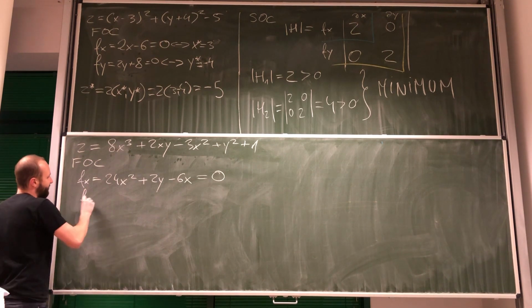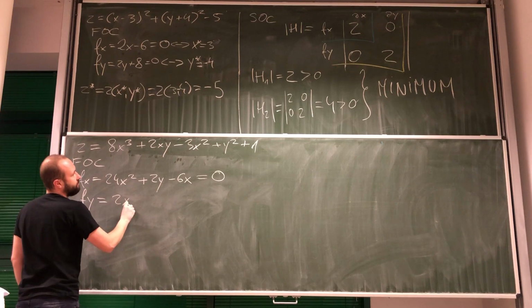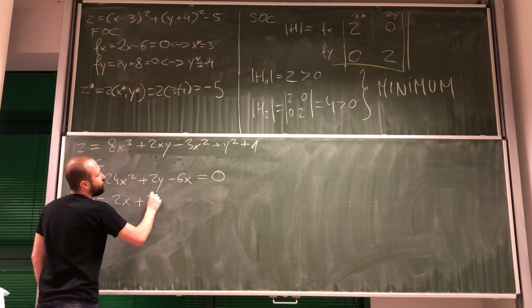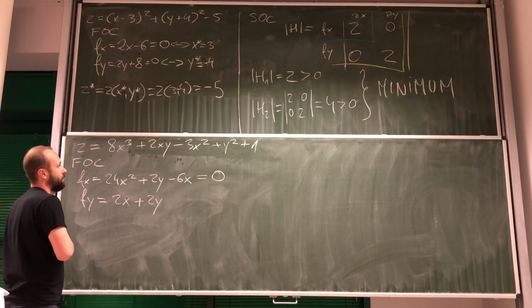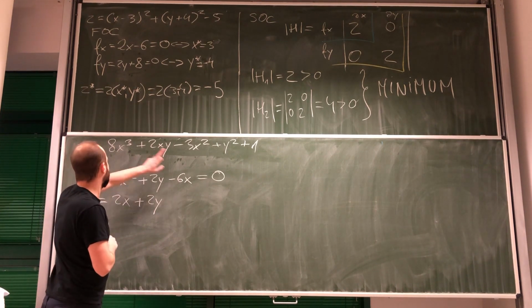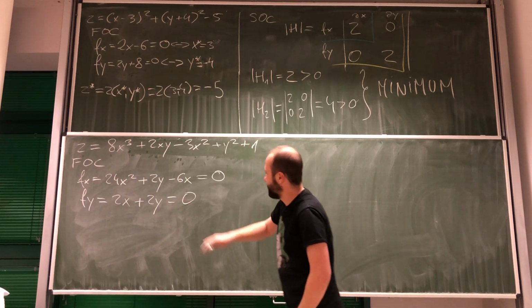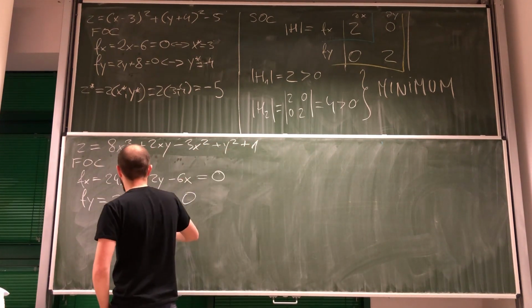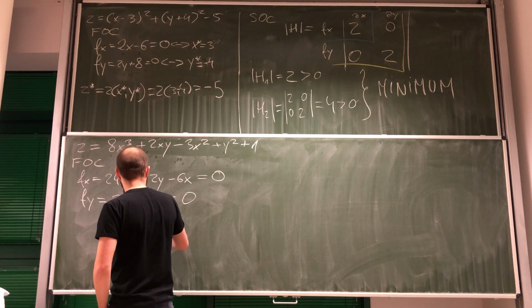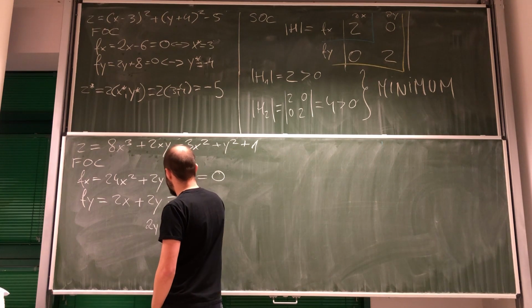Then fy is equal to 2x plus 2y, and that's it, right? Okay. So look, what do we get out of the second equation? Out of the second equation, I'm getting that 2y is equal to negative 2x.